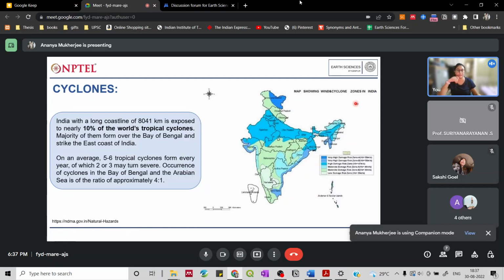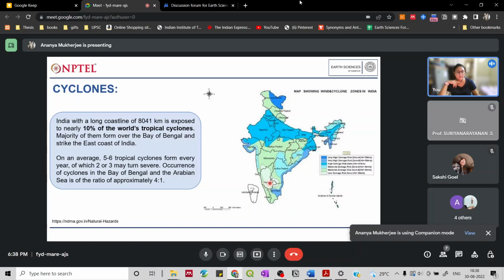Over here in the map, we can see the winds and cyclone zones where there is a very high damage risk. The eastern coastline is mainly very much at risk of severe cyclones, and the central parts are not very badly affected.